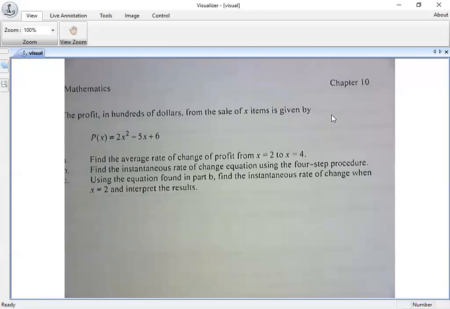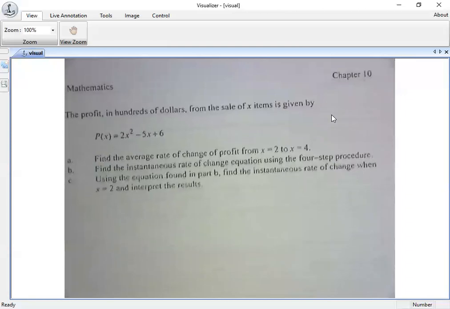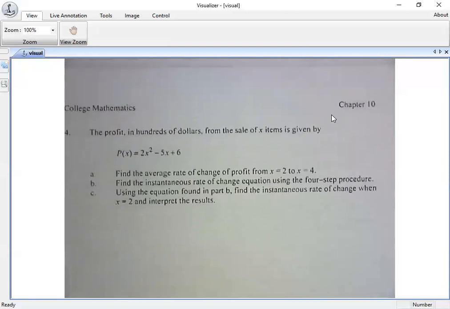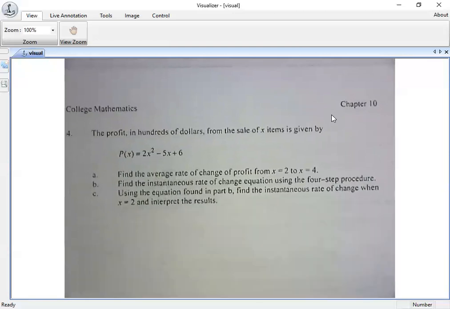Okay? Now, this gives us a little bit of an idea of how this could apply in business. So it says the profit in hundreds of dollars from the sale of x items is given by this function. So if you're a business person, that's going to be one of the things you're going to want to track. Will be how am I doing? You know, is my profit increasing, or is my profit decreasing? So this is your function to find profit.